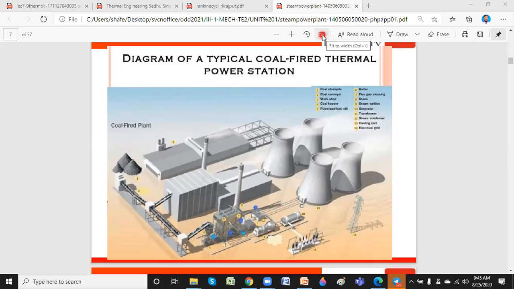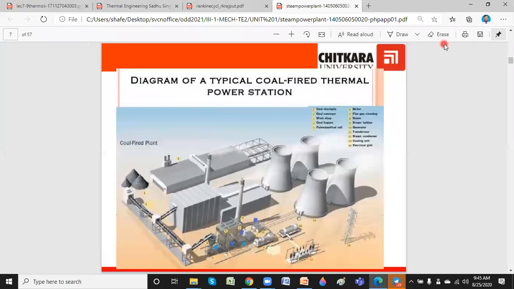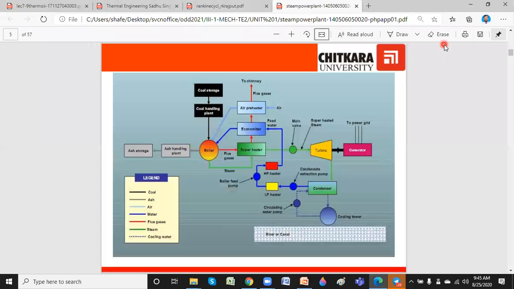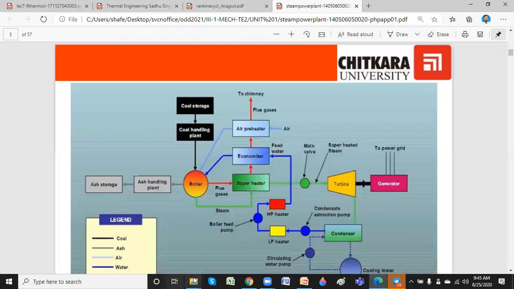If you have some doubt here, I'll just go back again to the schematic one. Now you can see here the same thing I have shown as a schematic, the same as what I am discussing here. So boiler, turbine, condenser, feed pump, and obviously generator.